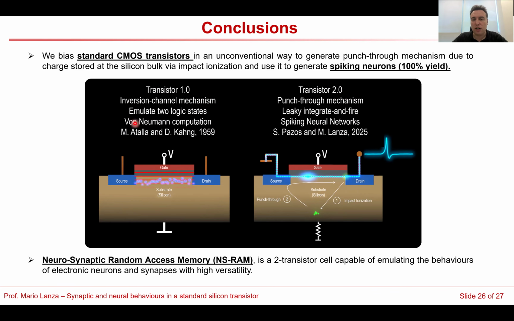This is the traditional mechanism discovered by Mohamed Atalla and Dawon Kahng in 1959, and now we are exploiting the punch-through mechanism to produce these spiking behaviors. And the second conclusion is that the neurosynaptic random access memory is a two-transistor cell capable of emulating the behaviors of electronic neurons and synapses with high versatility.